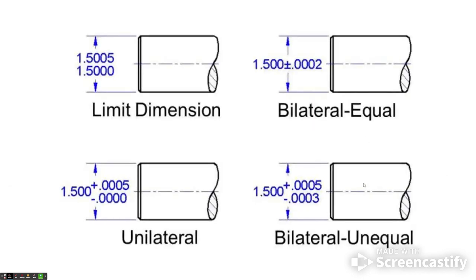So we do have a couple of different names for some of the tolerances that are applied. We've got what we refer to as a limit dimension, which you see up here in the upper left-hand side. We've got a bilateral or equal.